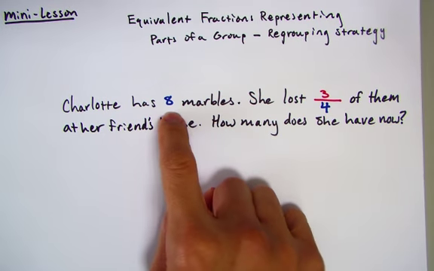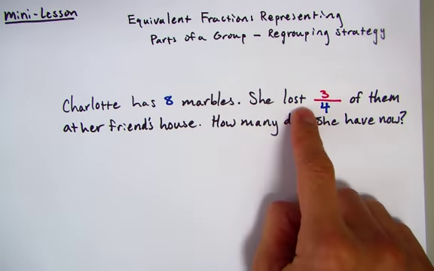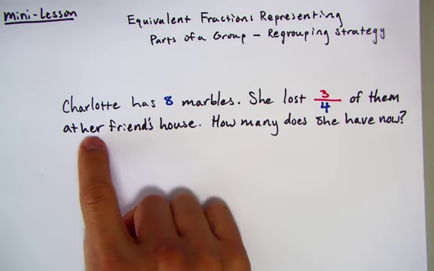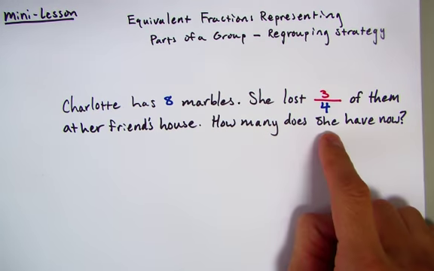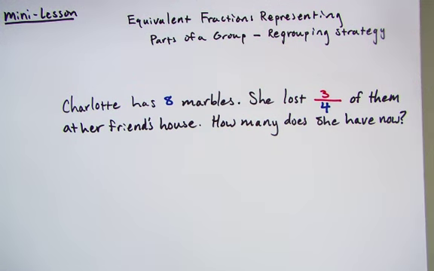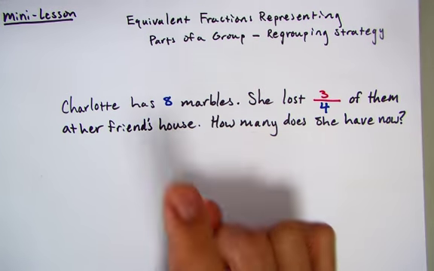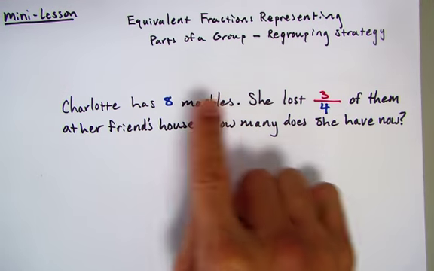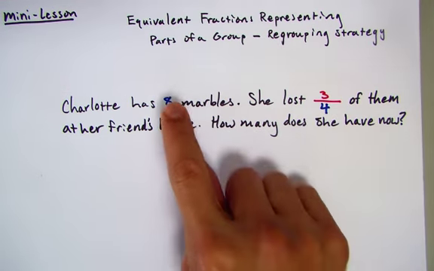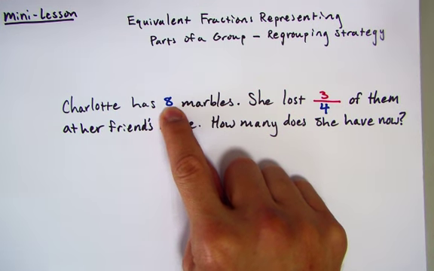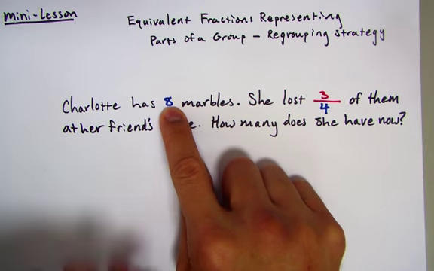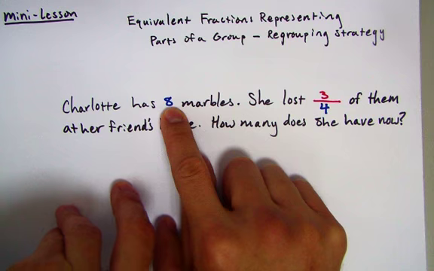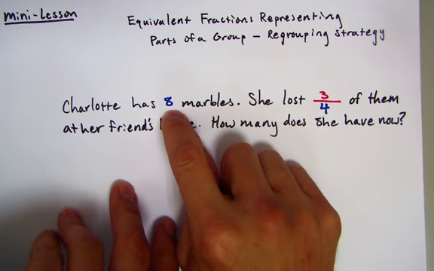Charlotte has 8 marbles. She lost 3/4 of them at her friend's house. How many does she have now? Now some of you are already thinking something. Look at these two blue numbers here. That 8 is blue because her total amount of marbles to begin with was 8.